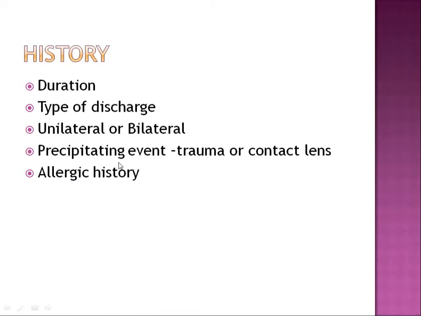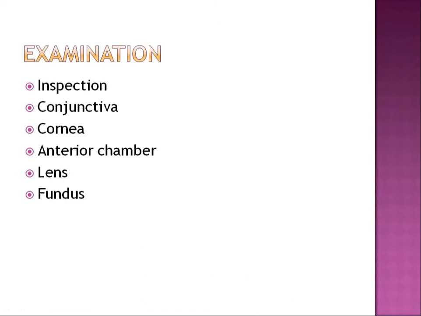Ask for any history of a precipitating event like trauma to the eye or use of contact lenses, which itself can precipitate an allergic conjunctivitis. If the patient is already a known case of allergic history, that helps us more in favor of an allergic conjunctivitis. So in examination, whenever you're seeing a patient of red eye, you inspect the patient as a whole.